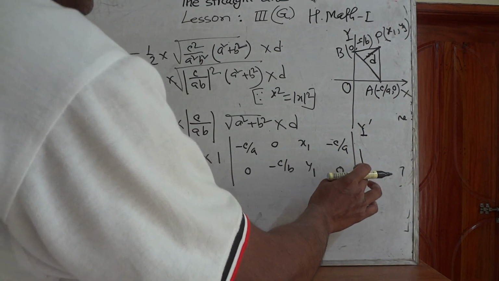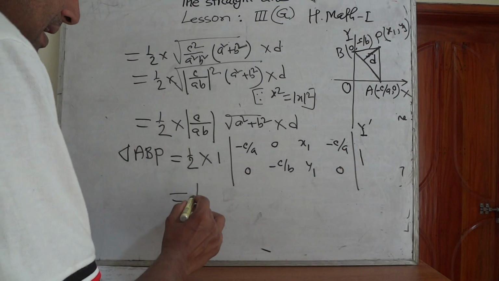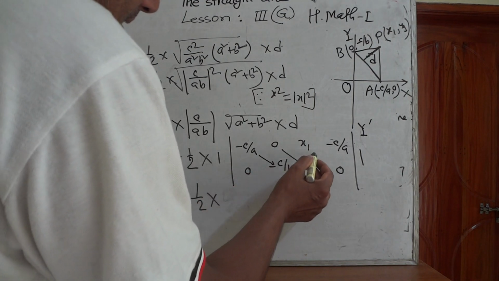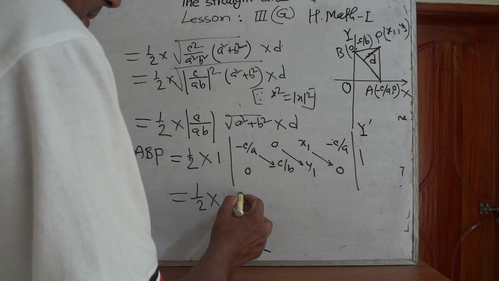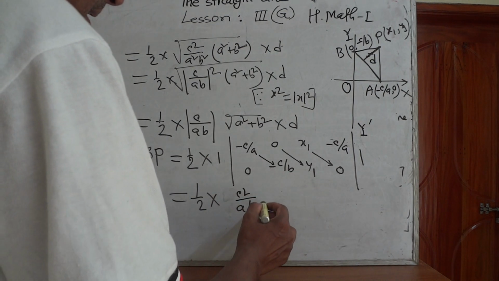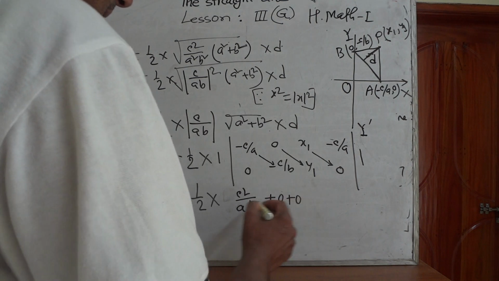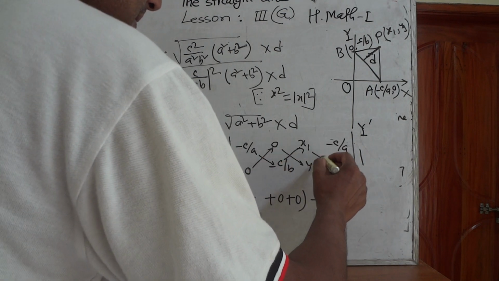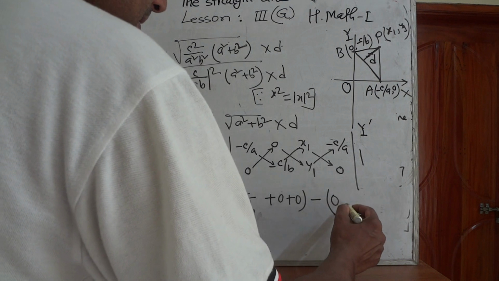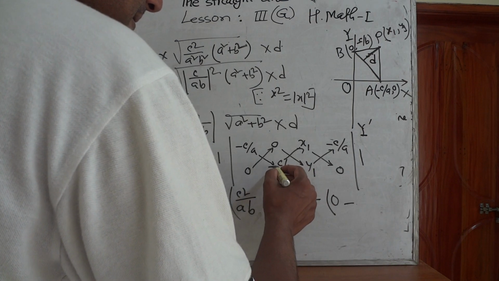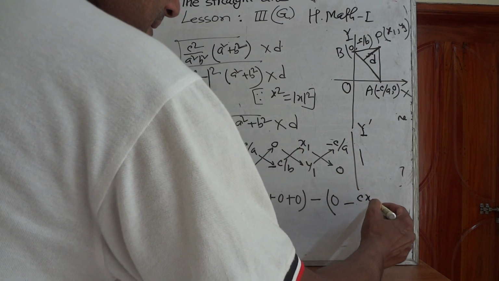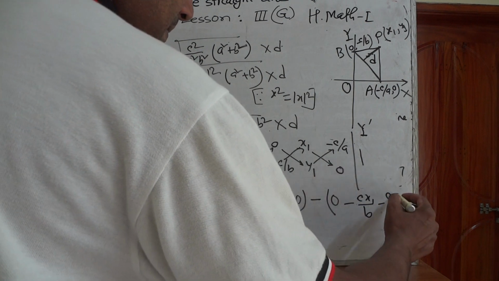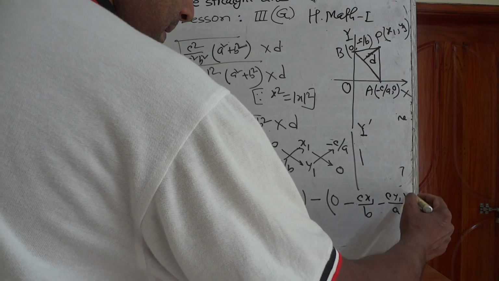This equals half into: this into this, this into this, this into this, that means c square by ab plus 0 plus 0, minus the other products, that is minus c x1 by b minus c y1 by a. Absolute value closed.